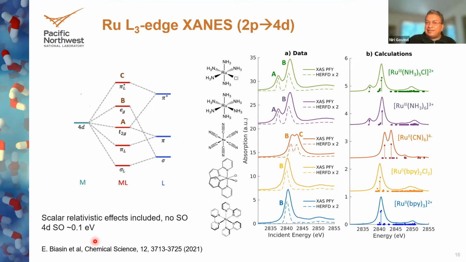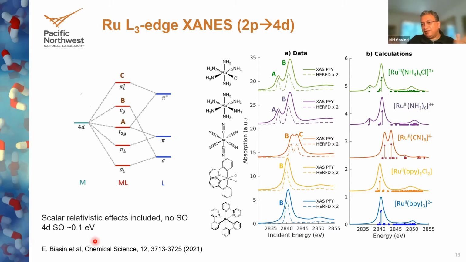And as ironic as it might sound, if you go to sulfur, which is even lower, where the spin orbit effects are less, the L2, L3 features are even closer. So if you want to understand the L-edge of sulfur, you need the full spin orbit treatment, because the L2, L3 get really close, and the L2, L3 ratios start playing games with you because the 2-to-1 ratio doesn't hold anymore.